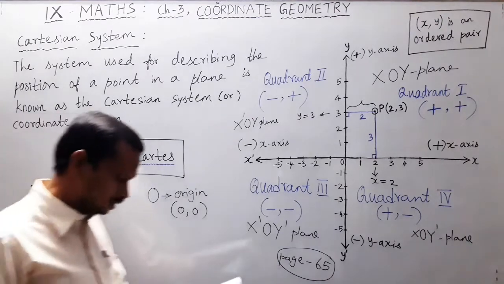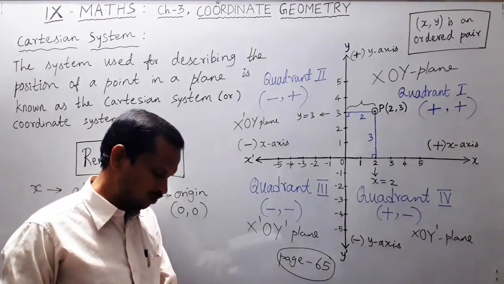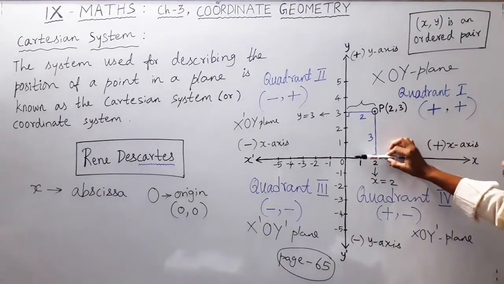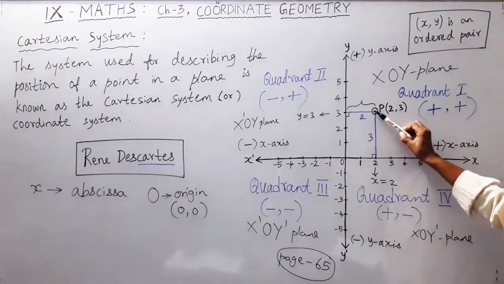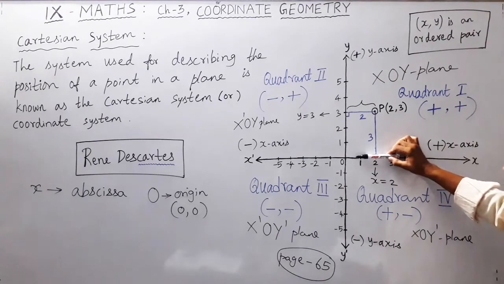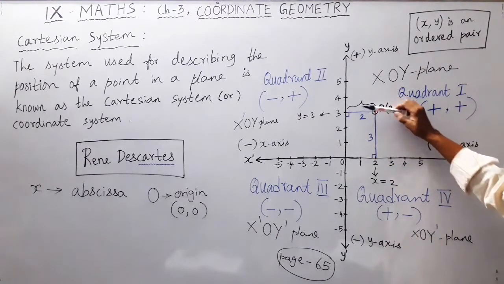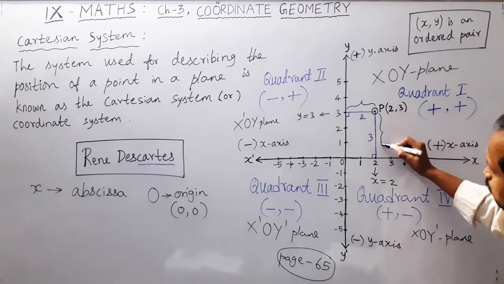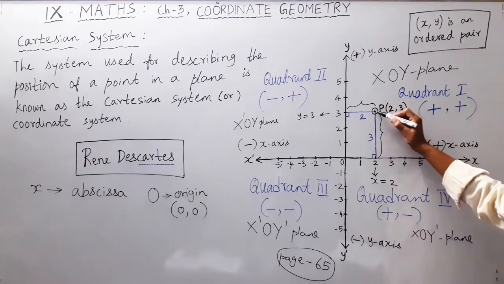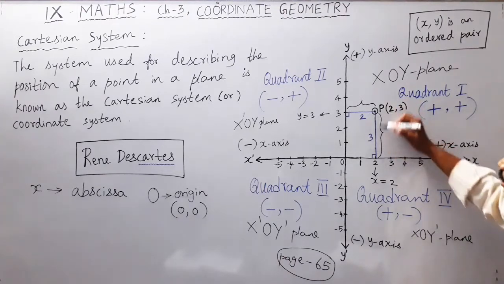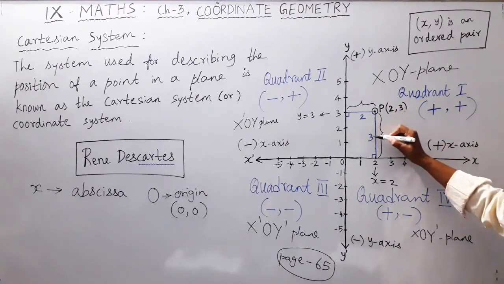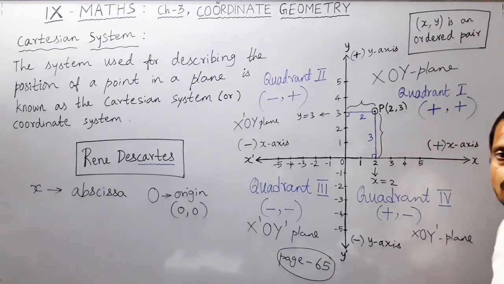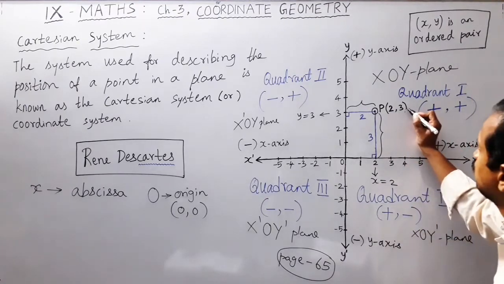And the distance of the point from the x-axis: you see, this is the x-axis, and this is the point. From the x-axis, from here to here, the distance of the point from the x-axis is 3. Here I have written 3. So that 3 is nothing but the y-coordinate.